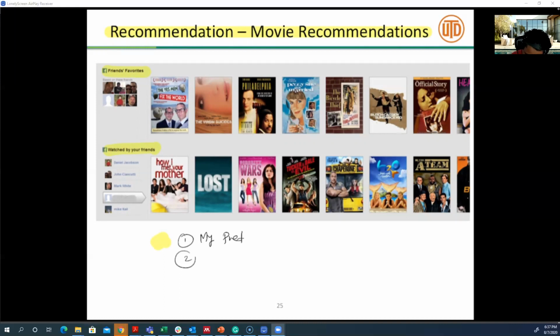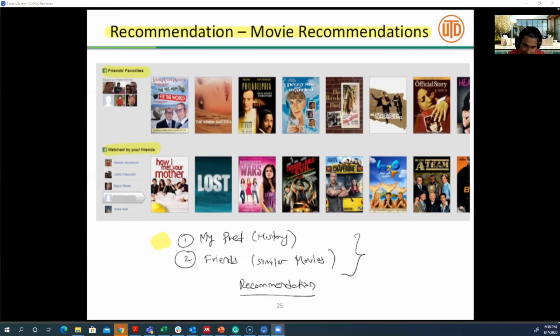So basically this is my history, and then similar movies, right? Based on people who are similar to me. So I have my history, I have my friends to give me additional information. So I want to combine all of this to basically create a recommendation, right? A recommendation system. So, all right. I think with this, I'll end the portion on recommendation systems.